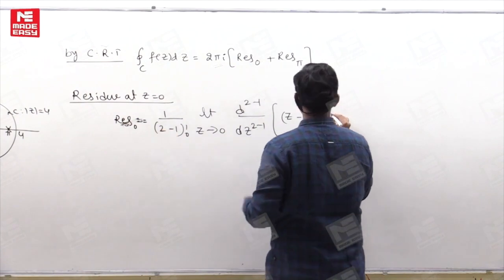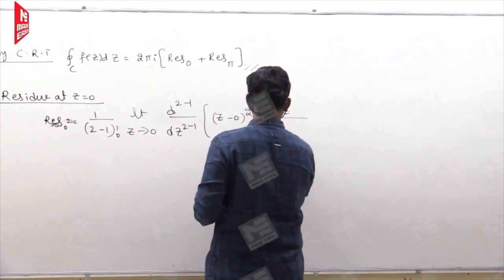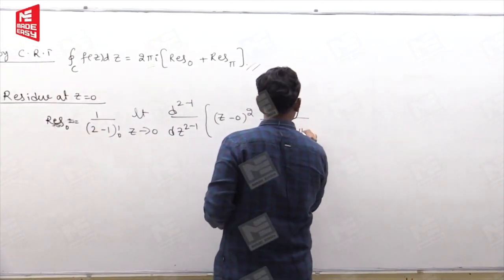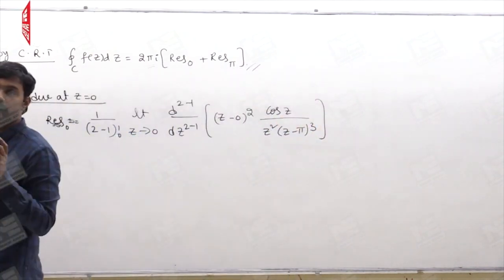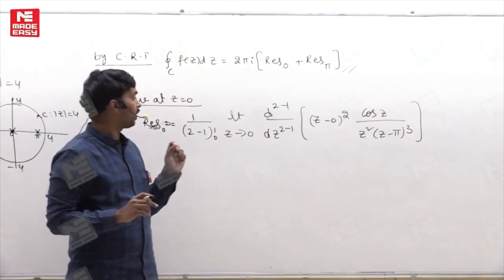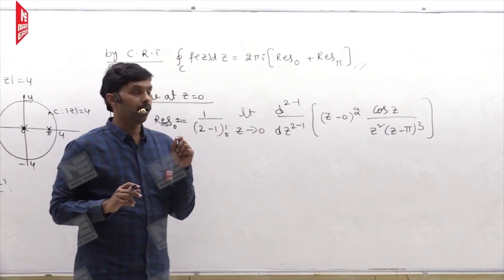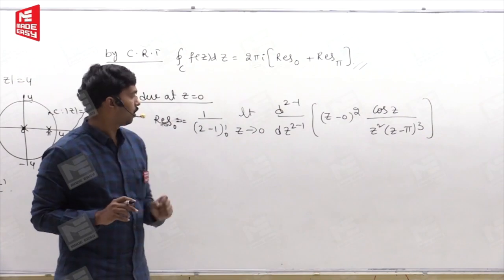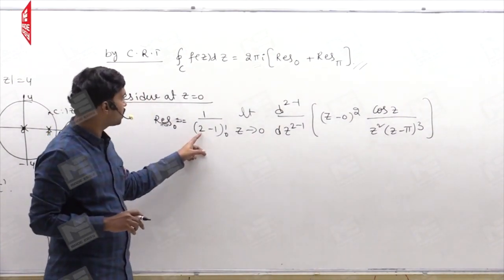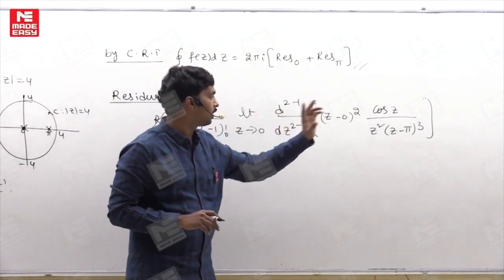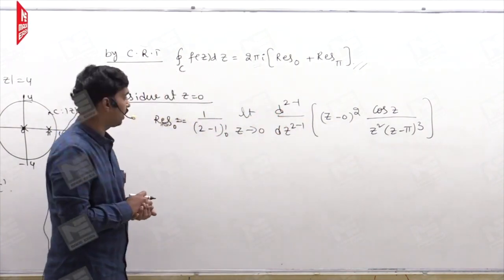What was f of z? That is cos z by z square (z minus pi) whole cube. So this is the formula for finding the residue at a pole of order m, where m is equal to 2, which I have substituted here.